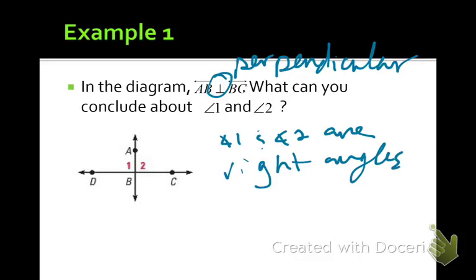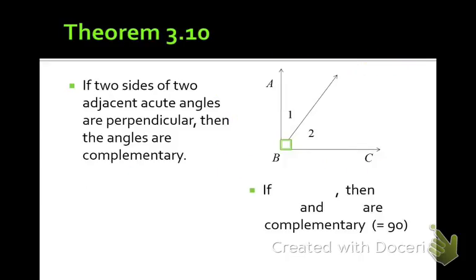If those two lines are perpendicular, then 1 and 2 have to be right angles. They're also going to add to 180, by the way, because they're a linear pair.